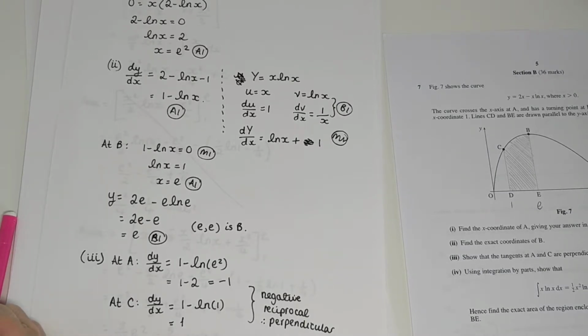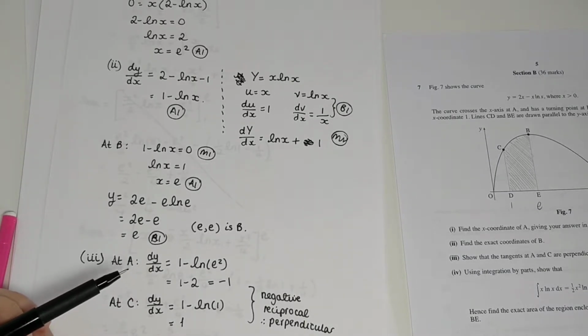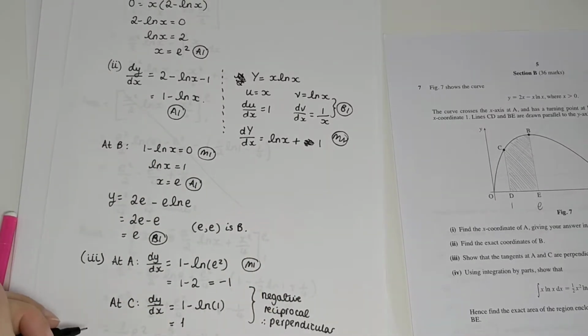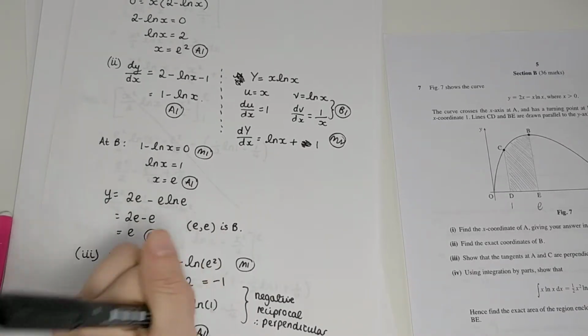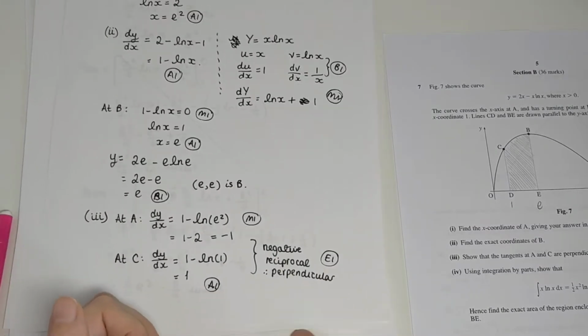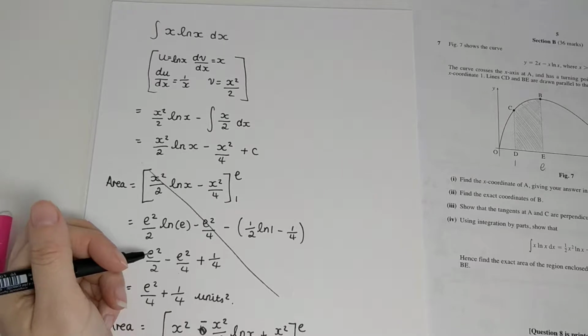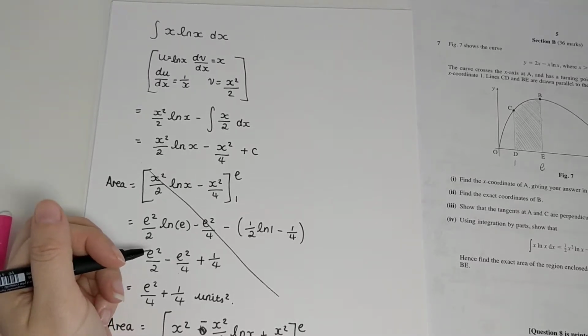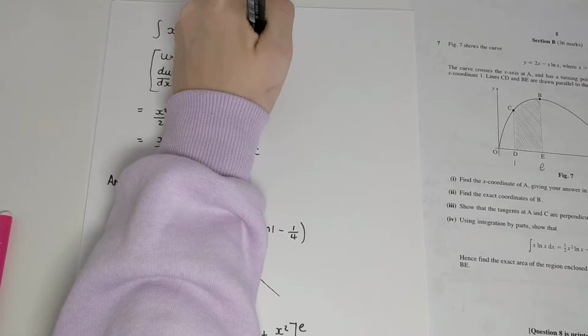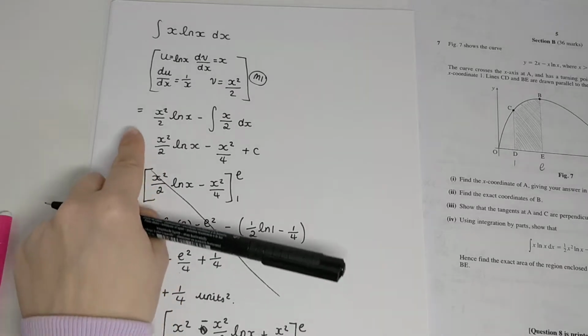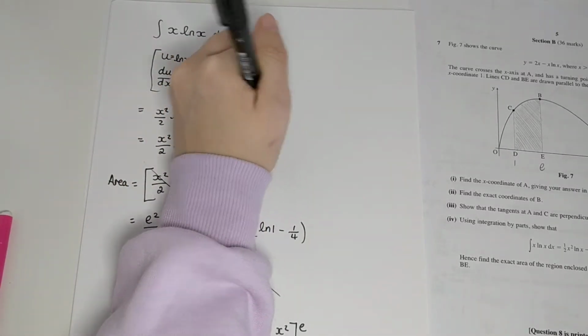they'll still let you have the mark for the y. Part 3, we get M1 for substituting one of them in, and you get A1 for both of the answers, and E1 for your little explanation. And then M1 for using integration by parts, so I guess for that bit. A1 for this line here.